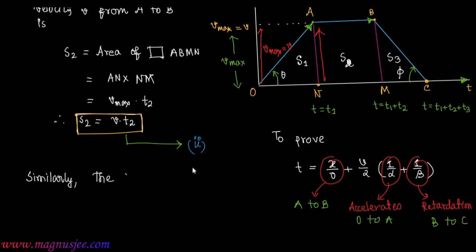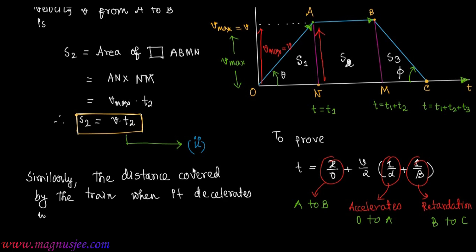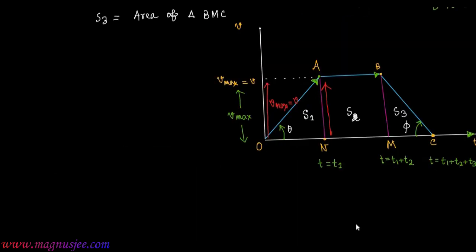Similarly, the distance covered by the train when it decelerates with constant rate beta from the point B to C is given by S3, that will be the area of right angle triangle BMC.